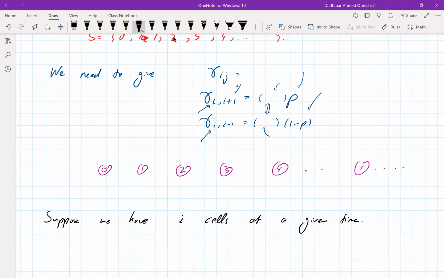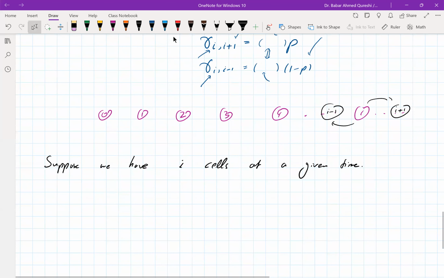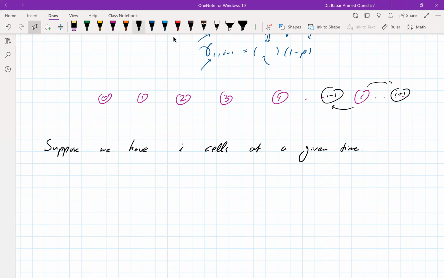Any one of them can split into two or die. When any one of them does it, we take a jump by one number, here or here. Each one of them has an exponential distribution with a parameter alpha. So how do you find the distribution for the jump?